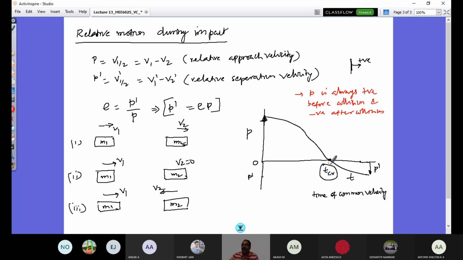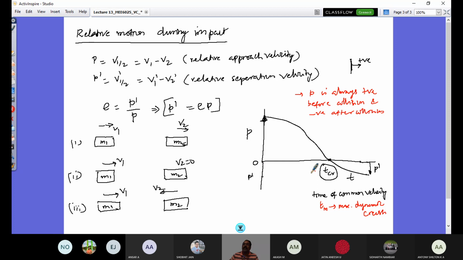And if you look at this common velocity time itself, what is here is in milliseconds, that is the crash event, right? This point corresponds to what is called the maximum dynamic crash. In the textbook this is also referred to as TM, corresponding to maximum dynamic crash, and that corresponds to TCV.